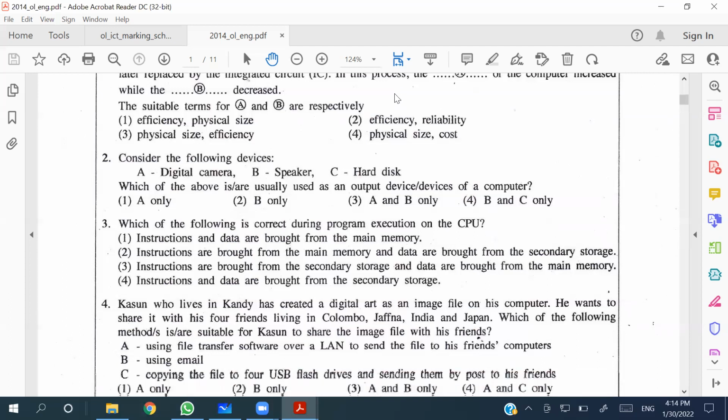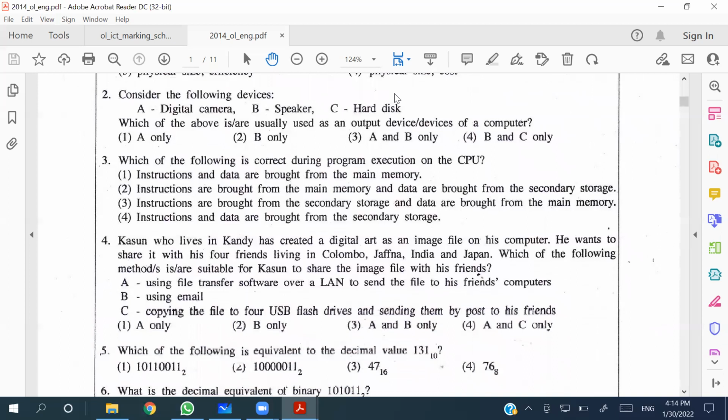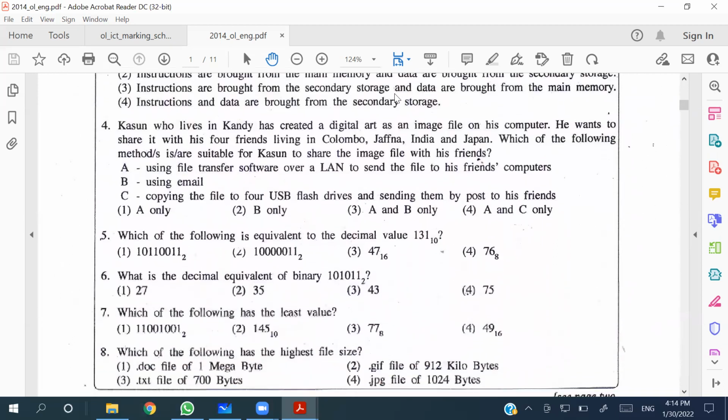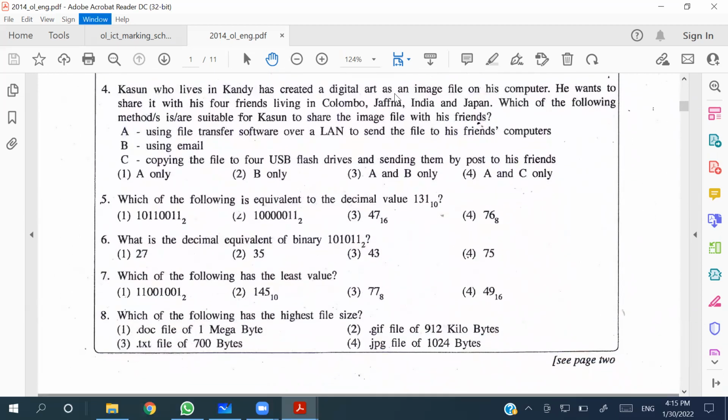I'm scrolling up. In case you want to see the upper questions, just let me know, people.